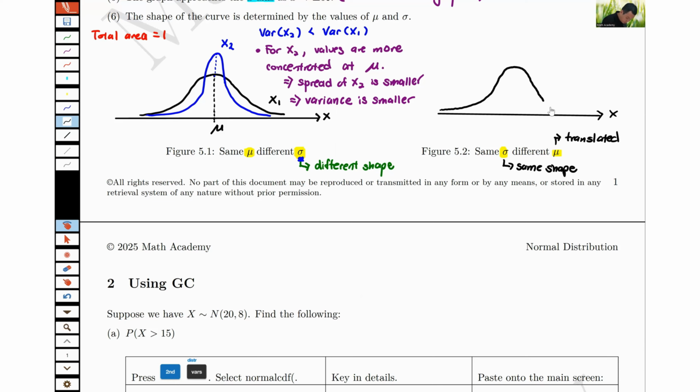In my first graph, we just draw a random curve first, where this is at mu1. Let's call this the x1 curve. If I want the same shape but translated, maybe we just draw slightly towards the right, but I want the same shape, where this is mu2, this is x2. We should construct the same curve, just that it looks like a translation or a shifting towards the right.